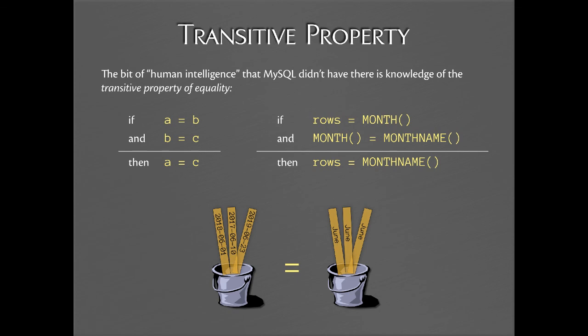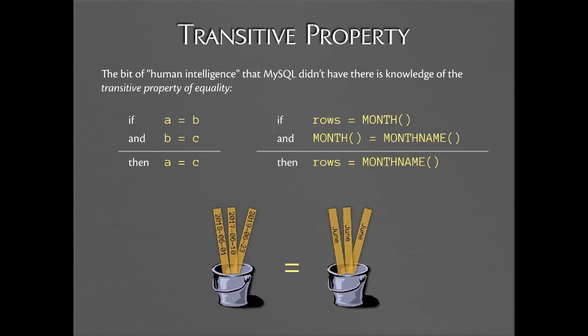Now, in our version, it looks a little bit more like this. If we organize all the rows of that bucket according to the number of the month, check, and we also know that there's a correlation between the number of the month and the name of the month. All the 2s are February, all the 6s are June, all the 8s are August.